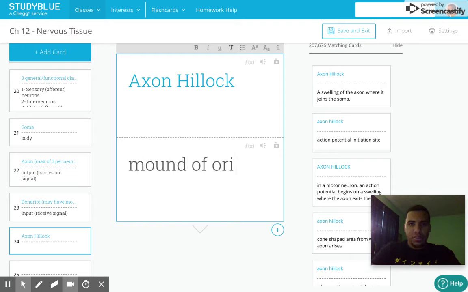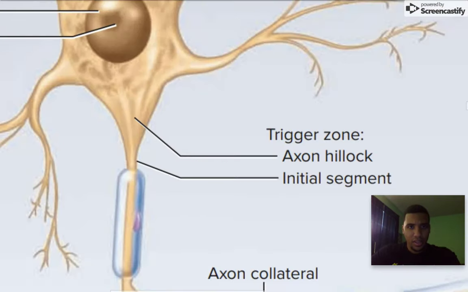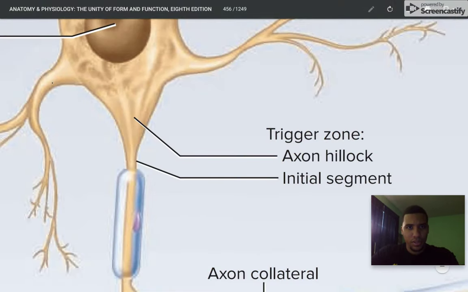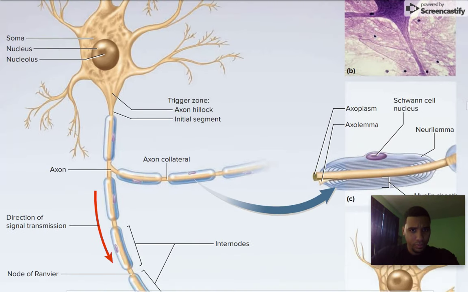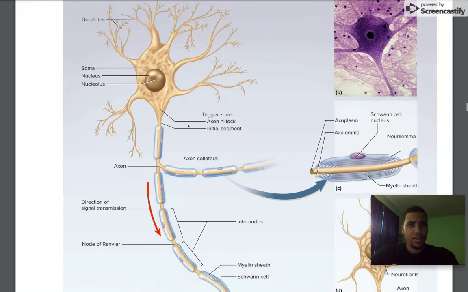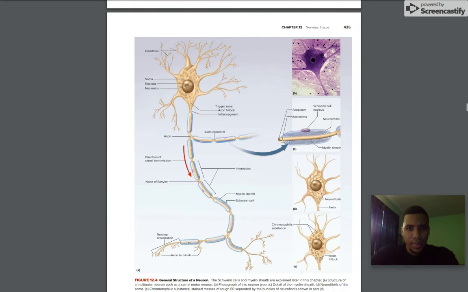Mound of origin for axon. And if you can see right here on the anatomy, your axon hillock is right here. It's this little place where the axon actually stems. Now, this entire root is the axon. And it can split and divide, but you still only have one axon, all right? Coming out from one axon hillock, which is a trigger zone, all right?